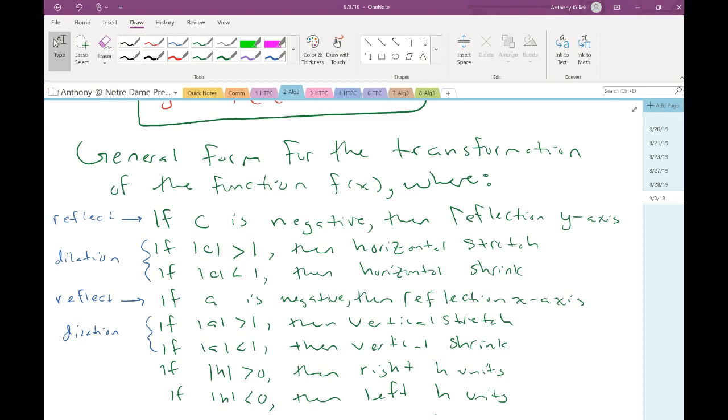Numbers whose magnitude is bigger than 1, things like 2, negative 2, 3, negative 3, 1.7, negative 1.7, any of those with absolute values bigger than 1 cause stretches. Things that are smaller than that, like a half and negative a half, 0.6, negative 0.6, 1/3, negative 1/3, any values whose absolute value is less than 1 will cause the shrinks.